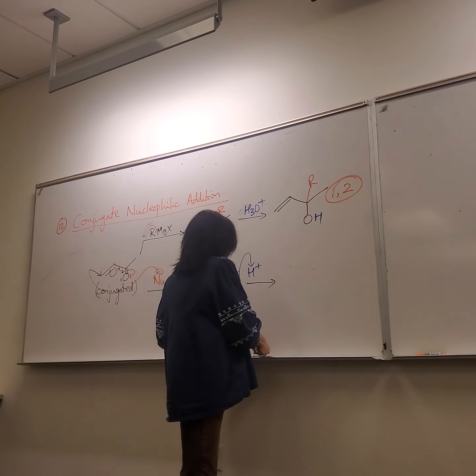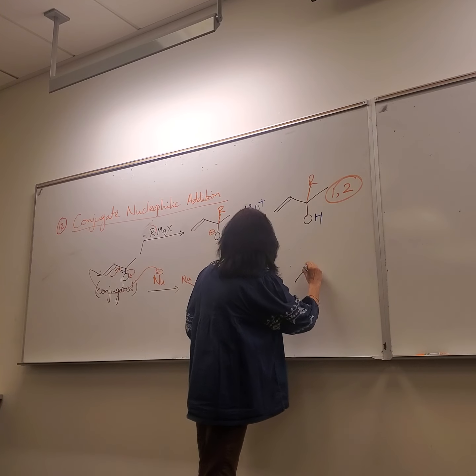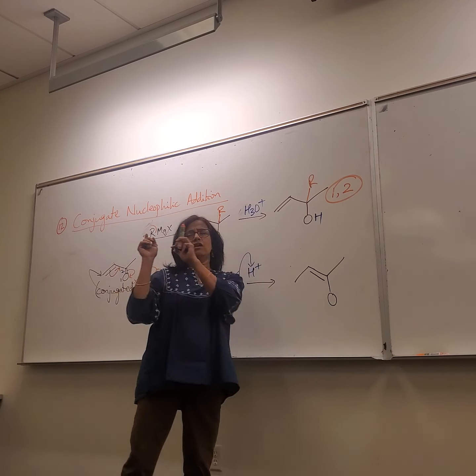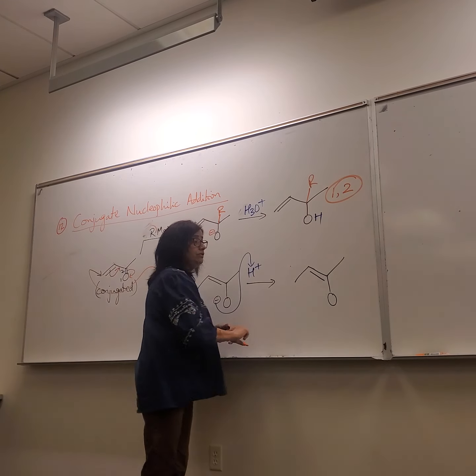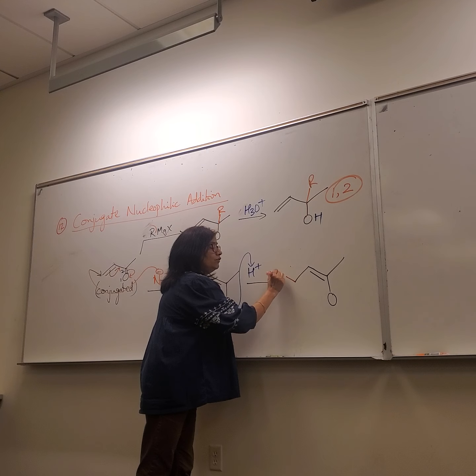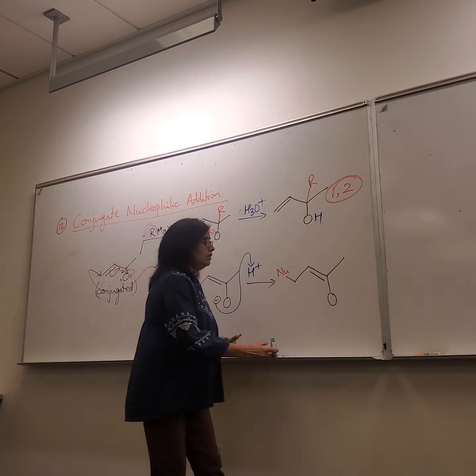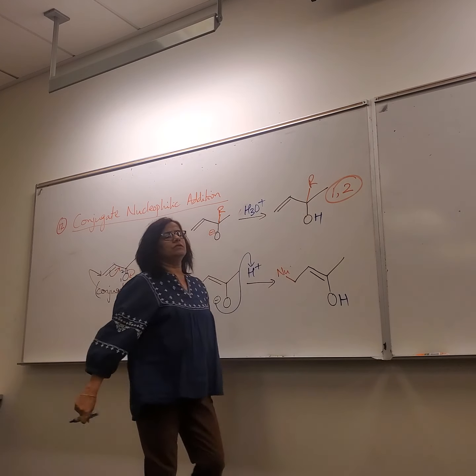So please, again, I'm doing all this coloring because I want you to notice where everything went. So where is the nucleophile? On the end, the 4th position, right? Where is the proton? On the oxygen, the 1 position.